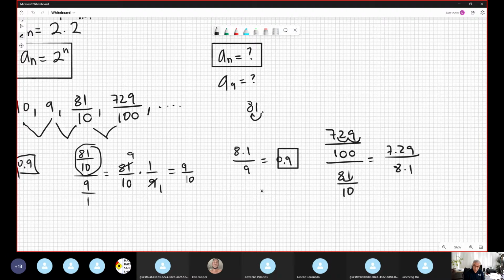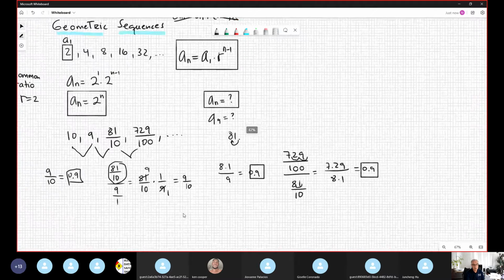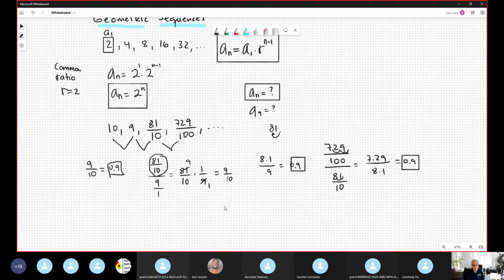In the calculator, 7.29 divided by 8.1 is again 0.9. We discovered it is a geometric sequence because it has a common ratio, and the common ratio is 0.9 or 9 over 10, whichever you prefer. It's equivalent.